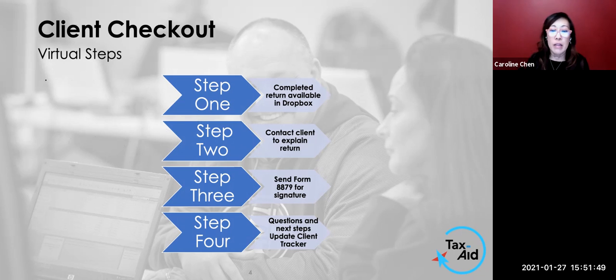And then step three is you will send them the form 8879s, federal and California, for their signatures. And then you will answer any follow-up questions they might have, and then update the client tracker with that information so that their tax returns can be electronically filed.